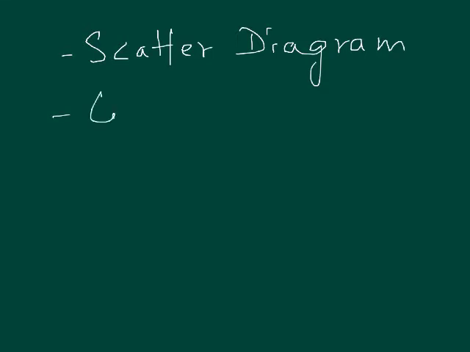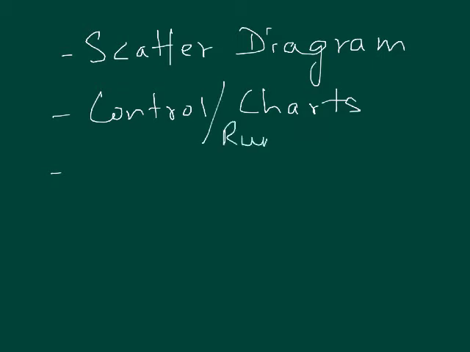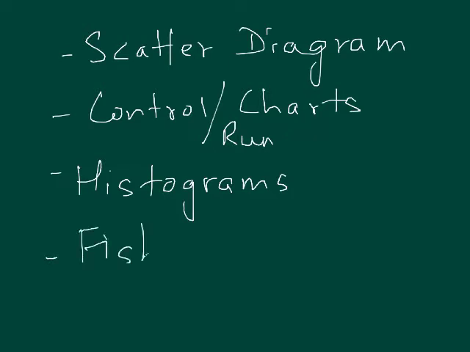You can also do control charts, and with control charts you can do run charts also. Then you can do histograms, and in the end is the fishbone diagram, which was invented by Dr. Ishikawa, and he gets the credit for this.